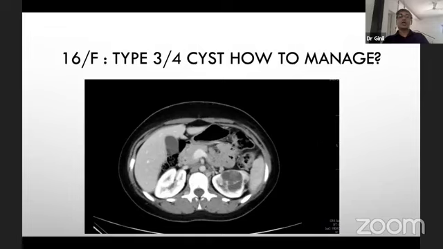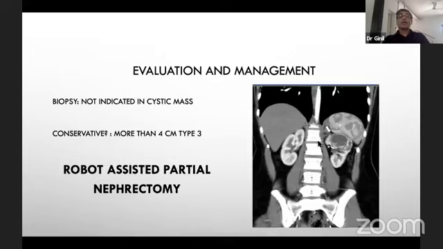You can see that some of the radiologists said it is Bosniak 3, some said it is Bosniak type 4. This is a highly complex cyst, and even though she was 16, since there are some septations inside with probably a solid nodule, we proceeded with a robotic partial nephrectomy for this patient.